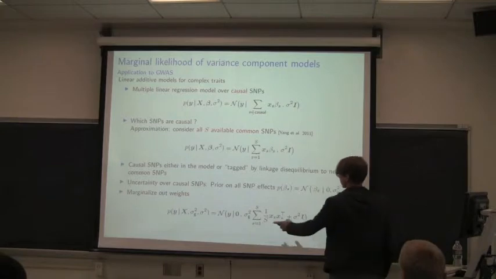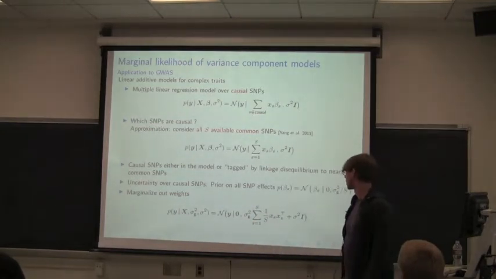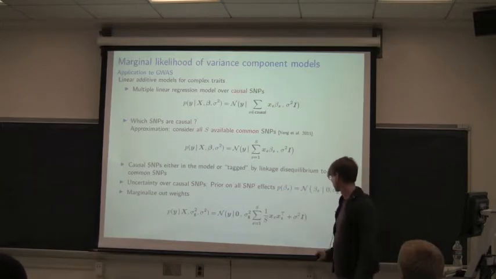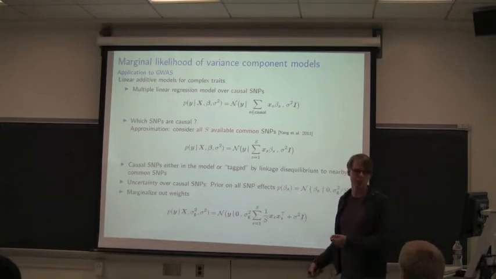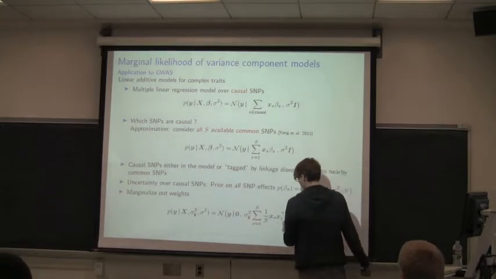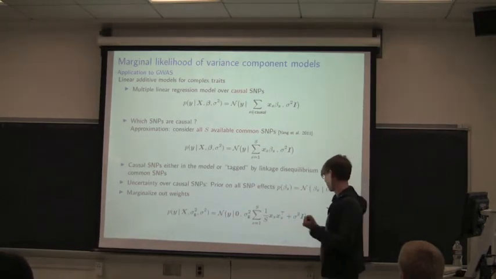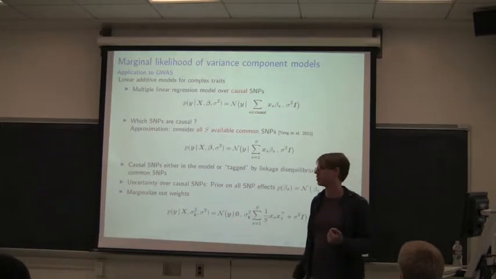So this parameter sigma squared g will tell us something about the variance explained by all these SNPs. And the sigma squared e here tells us what is not explained by SNPs. What do we have to explain by environment? By looking at these two parameters, we can tease apart the variance due to genetics and the variance due to environment in the phenotype.